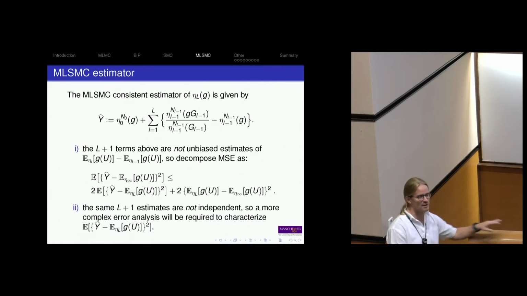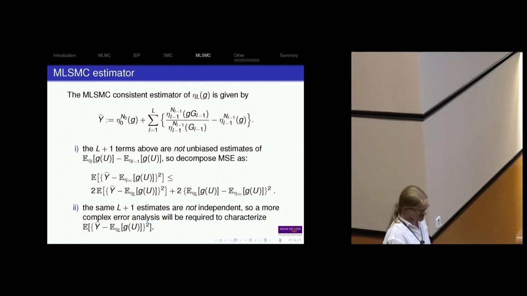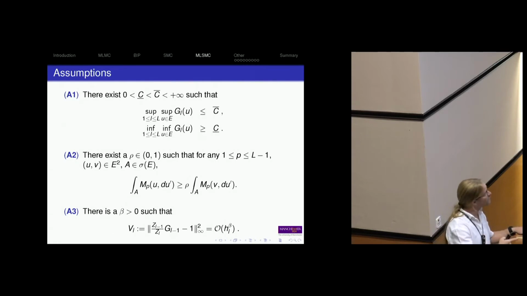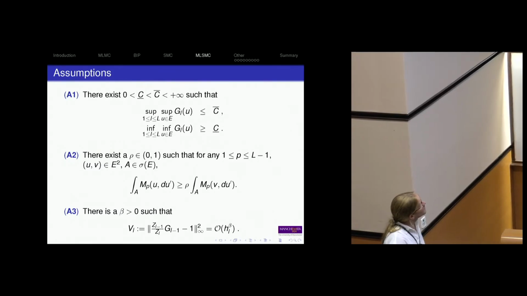We need decay of correlations, otherwise we accumulate error from the different levels. So we need the weights to be well behaved. This is a strong assumption here, but sufficient.